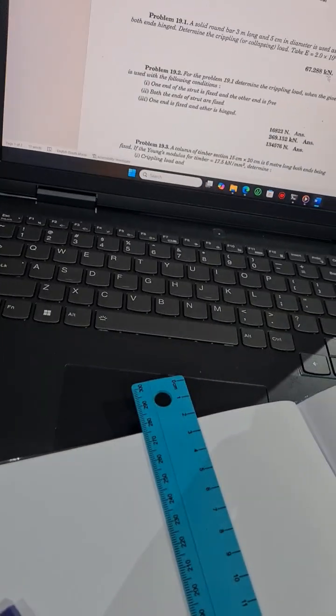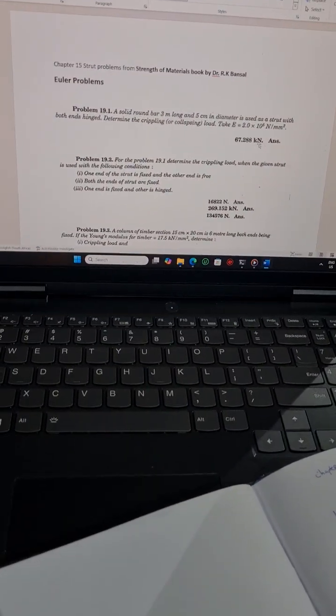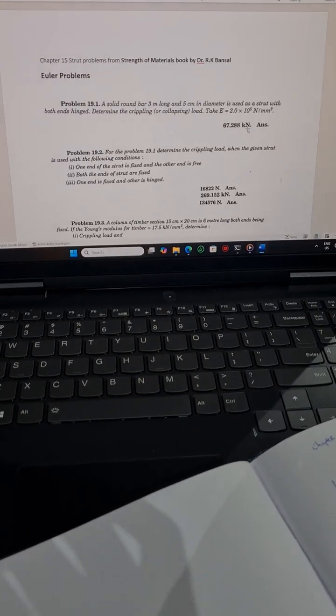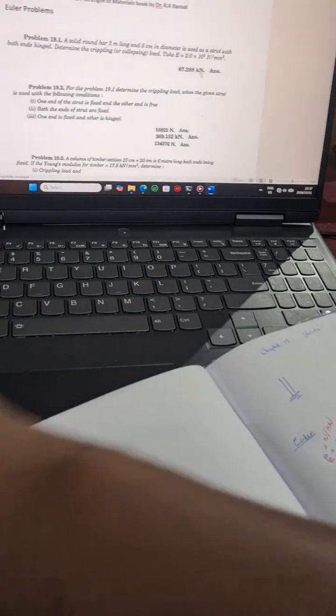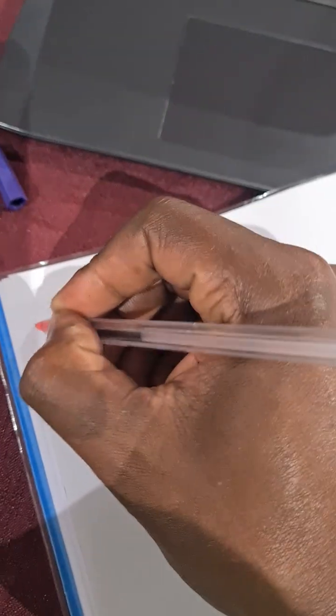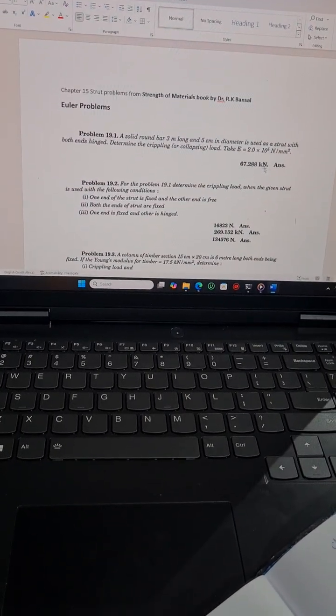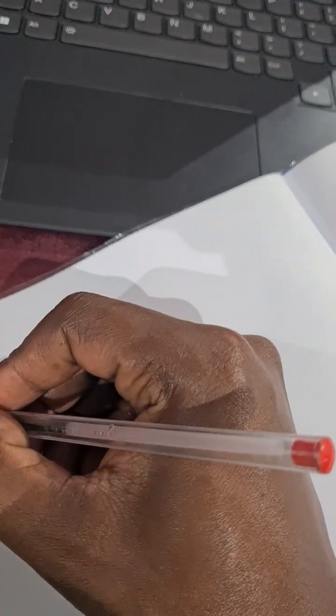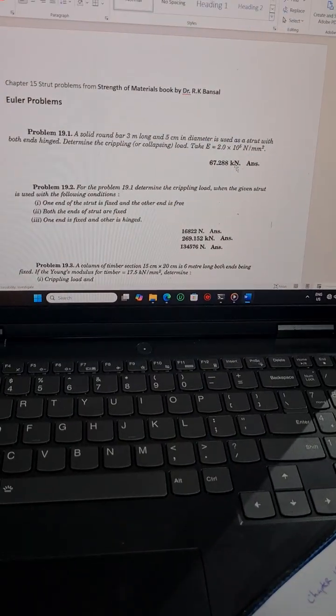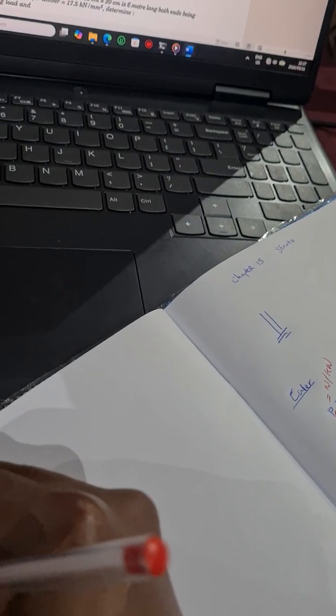Let's try and draw the structure, right? So what we have is a solid round bar. You have something like this, right? It's 3 meters, and the diameter, the cross section here, is 5 centimeter, because they say diameter, so it's round.